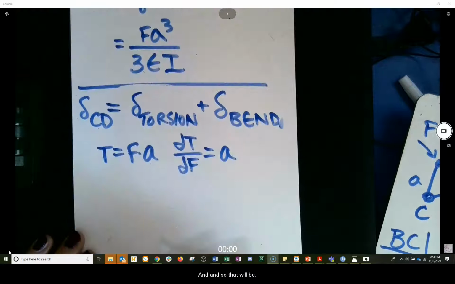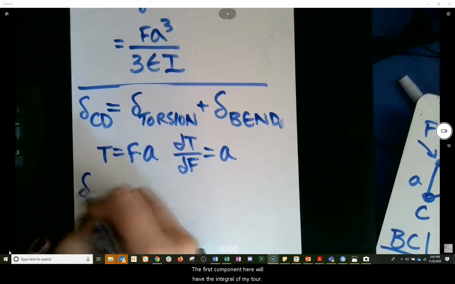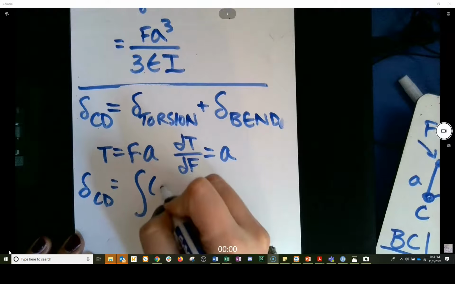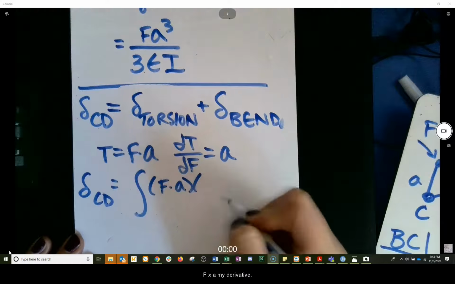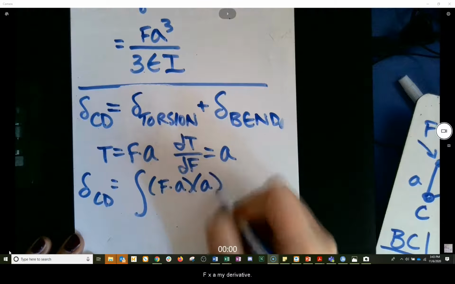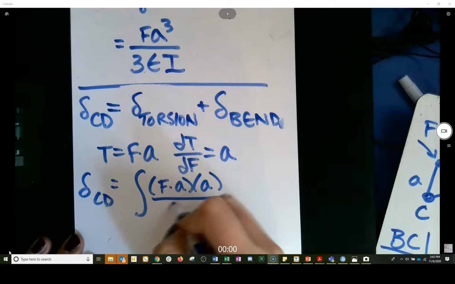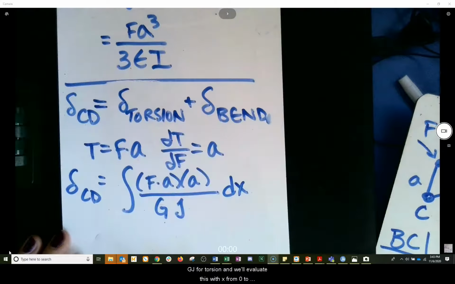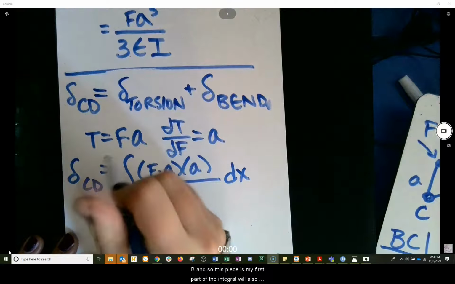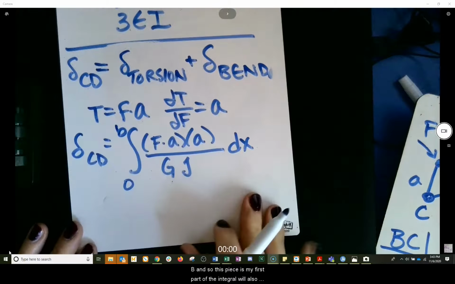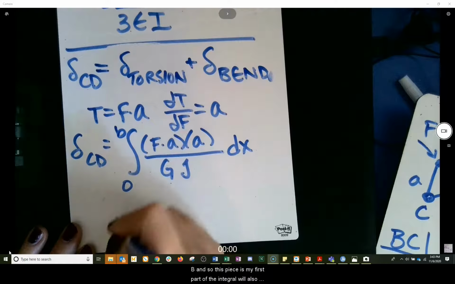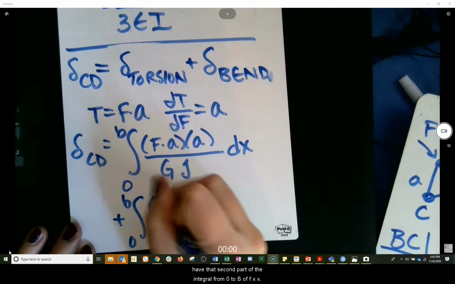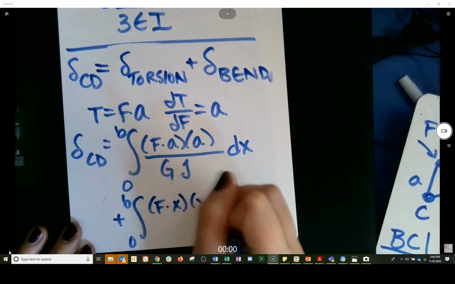The first component will have the integral of my torque, F times A, my derivative, A, all over my GJ for torsion, evaluated with x from 0 to B. We'll also have that second part of the integral from 0 to B of F times x.